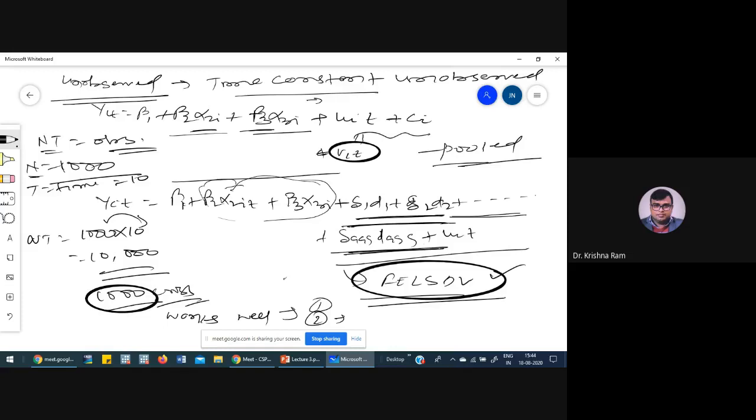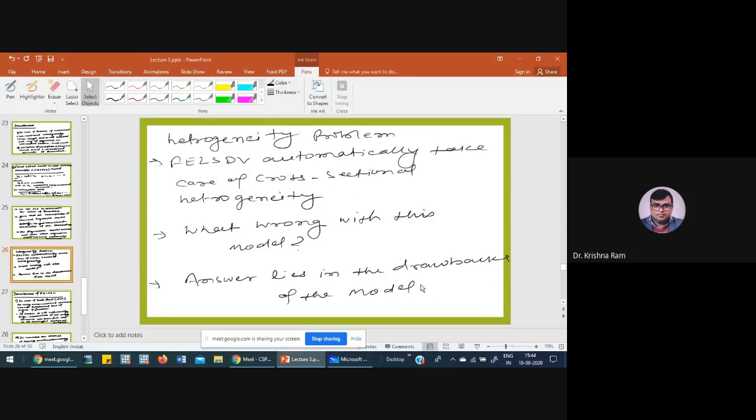So if that is the case, then usage of cross-sectional dummies automatically takes care of that unobserved heterogeneity, and whatever estimates you get are unbiased and consistent.